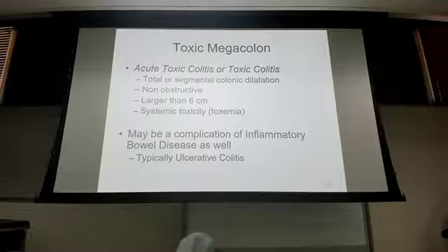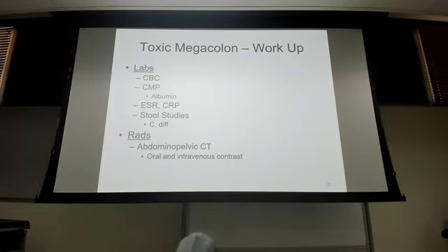UC, ulcerative colitis, typically can lead to it. It may be a complication of Crohn's, but normally also colitis. So inflammatory is going to have Crohn's and ulcerative in it. Two different types of disease processes under inflammatory bowel disease, which we'll talk about in a full 2-hour lecture.